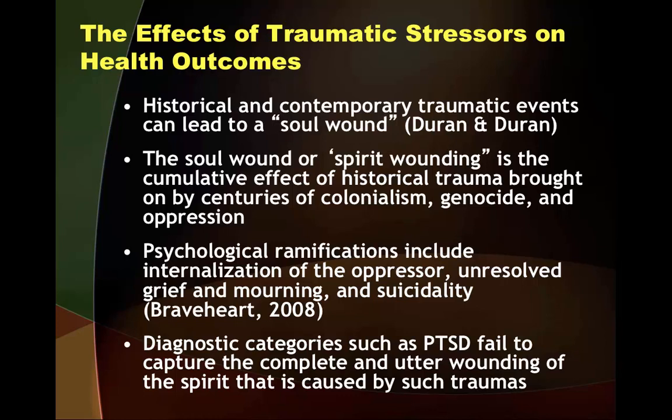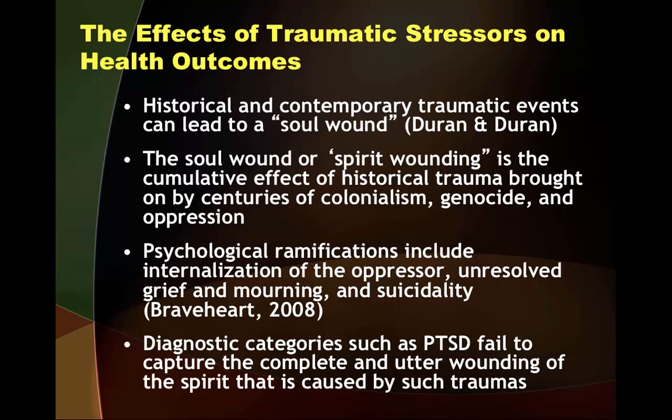Psychological ramifications include internalization of the oppressor, unresolved grief and mourning, and suicidality. I think we often will see this in the mental health field in Native American communities, this internalization of oppression and the internalized beliefs about self and community is often something that mental health professionals have to work through with the people that they're serving.